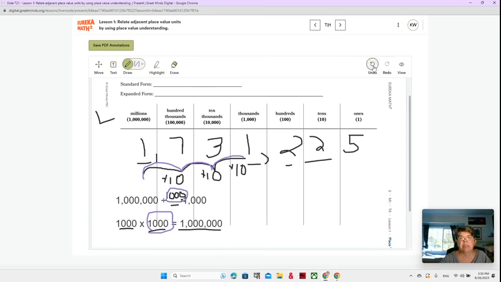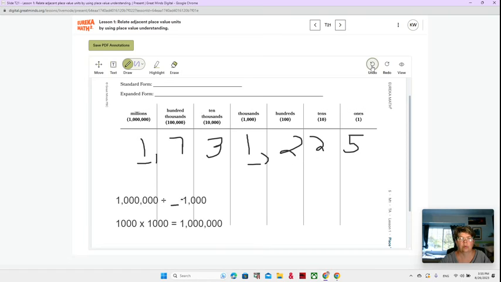Okay, so now we're going to think about "1,000 is blank times as small as blank." Let me see if I can clean some of this up for us.